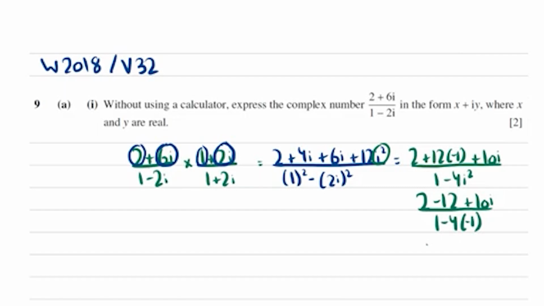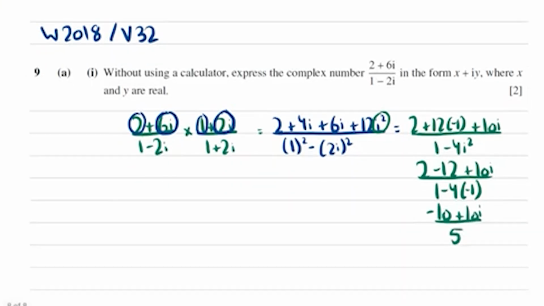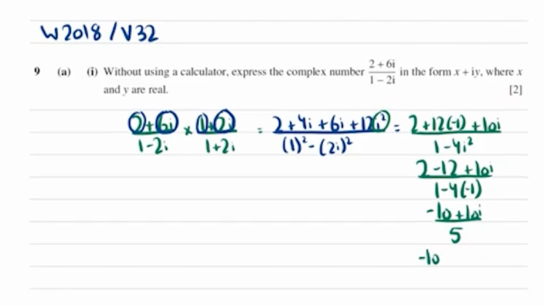So 2 minus 12 is minus 10 plus 10i, divided by 5. So minus 10 upon 5 makes what? Minus 2. And 10i upon 5 makes what? 2i. So my answer will be minus 2 plus 2i.